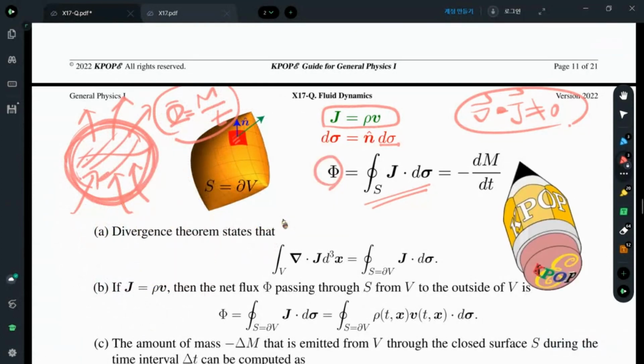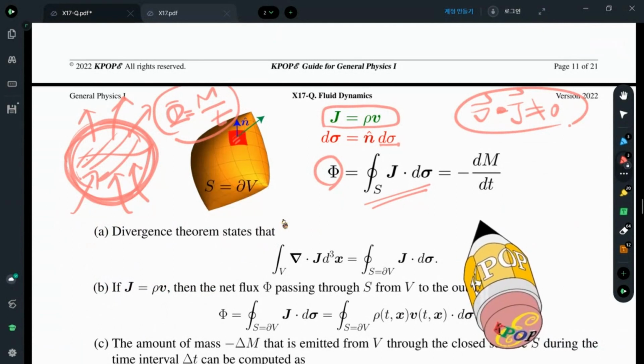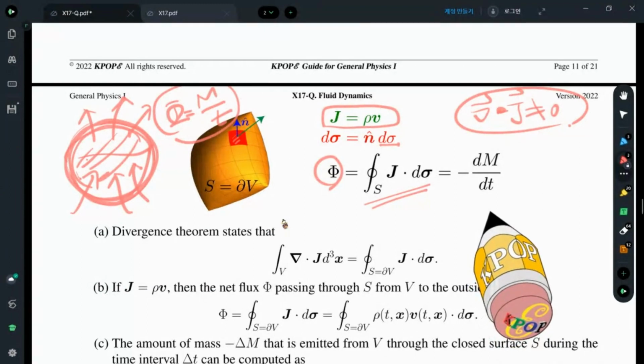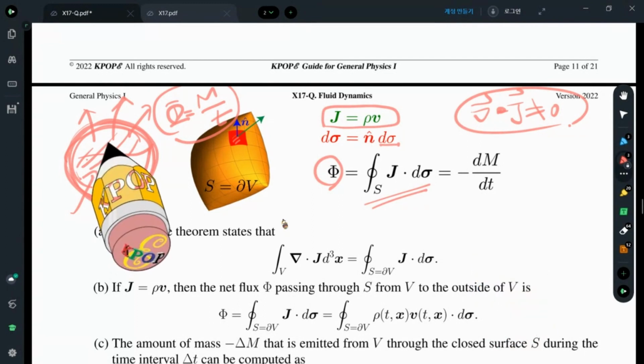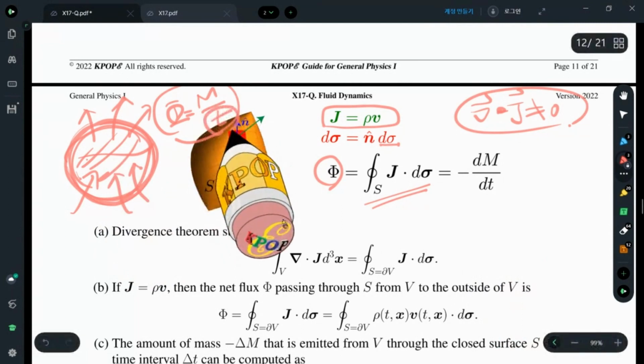That means if you impose the conservation of mass, then you will find that the mass inside the volume decreases with time t.